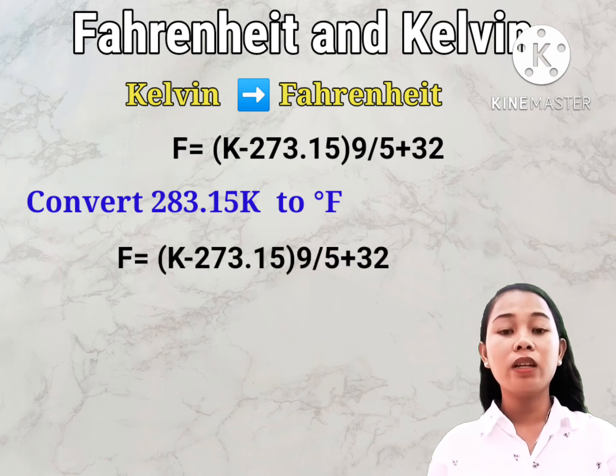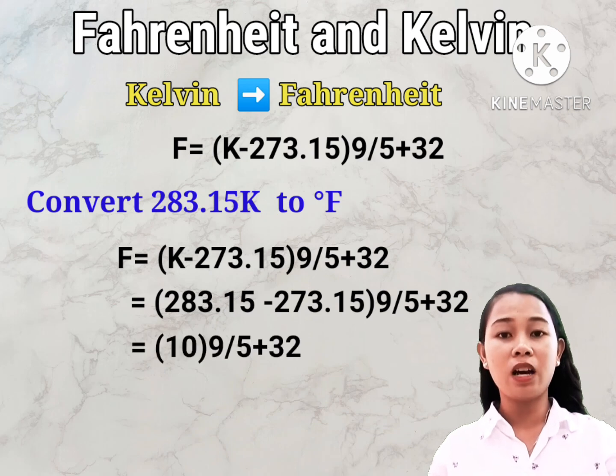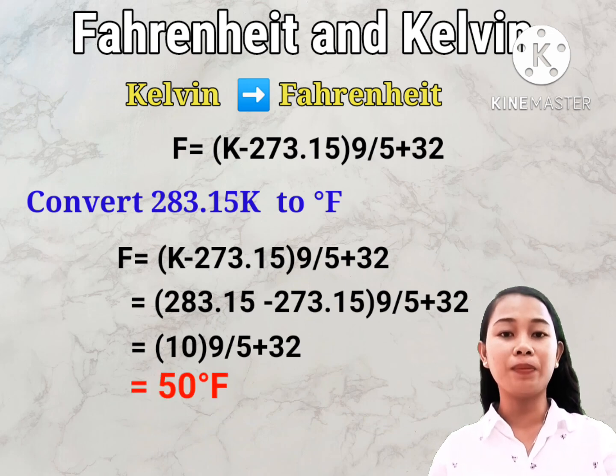Copy the formula and substitute the given Kelvin: 283.15 K minus 273.15 times 9 divided by 5 plus 32. 283.15 minus 273.15 is equal to 10, times 9 divided by 5, plus 32. We have the answer of 50 degrees Fahrenheit.